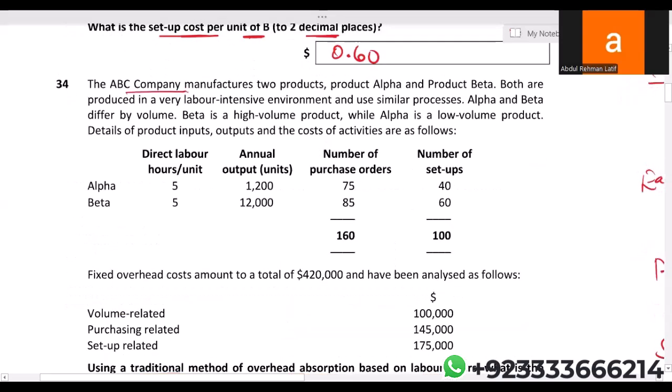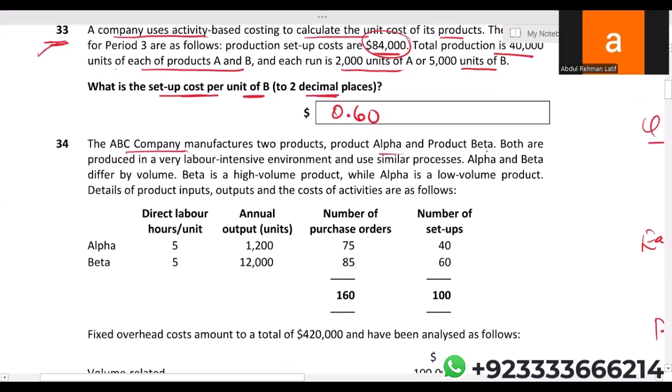The ABC company manufactures 2 products, products alpha and beta. Both are produced in a very labor intensive environment with a similar process. Alpha and beta differ by volume. Beta is a high volume product, while alpha is a low volume product. Details of the product inputs, output, and the cost activity are as follows.